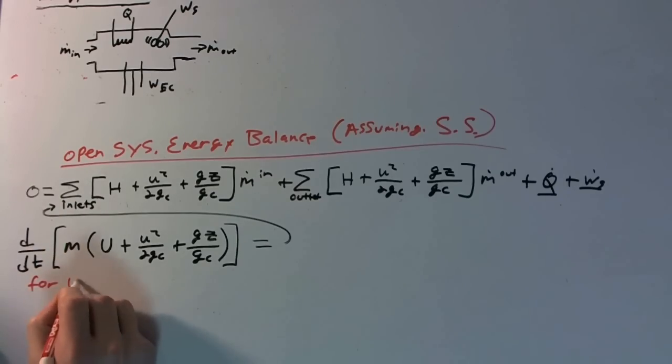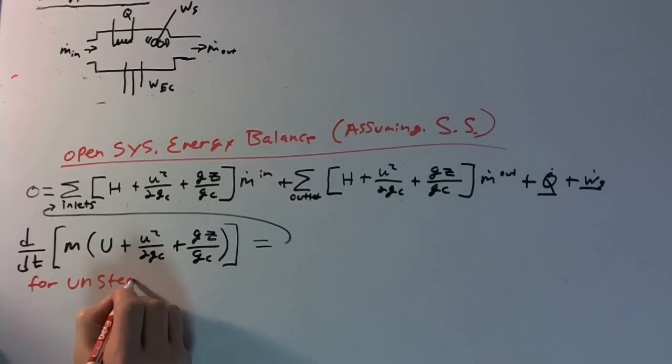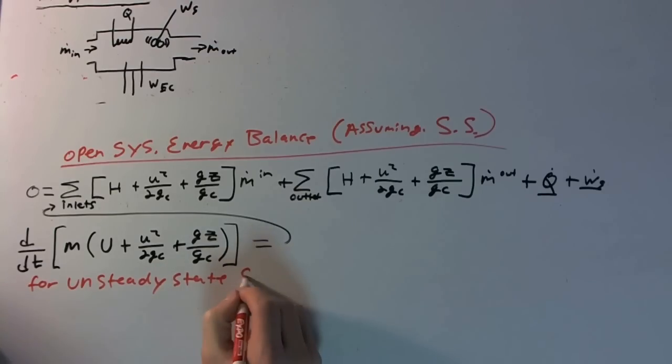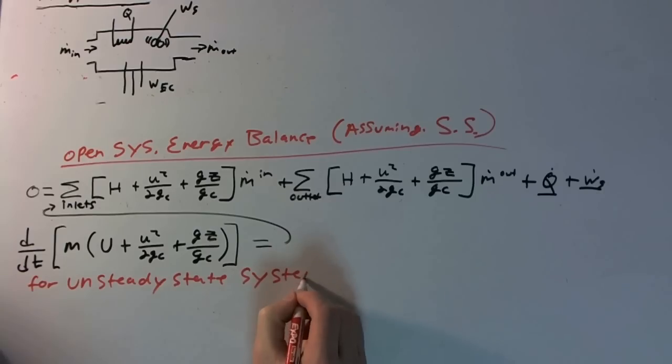So this is for the unsteady state system. For the unsteady state system, the left-hand side is not 0. For when you have steady state, which is going to be most, if not all, of your problems, the left-hand side will be 0.